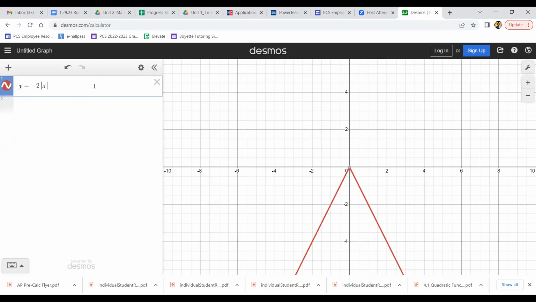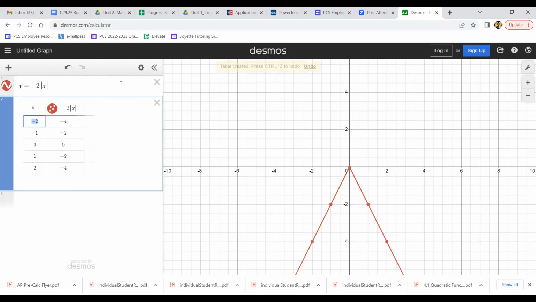And I'm going to get my table pulled up so I can get some points. So I'm going to graph these. So 0, 0, -1, -2, -2, -4, 1, -2, 2, -4. Getting those points graphed.